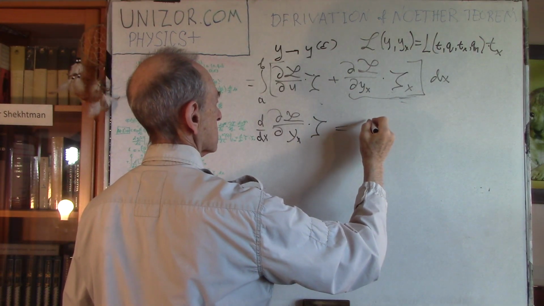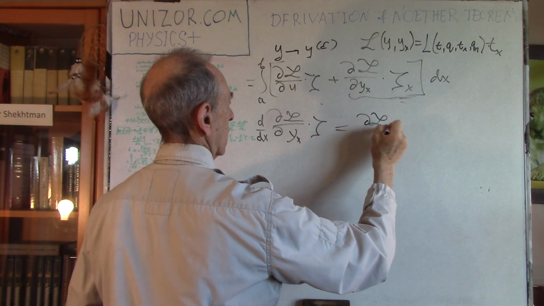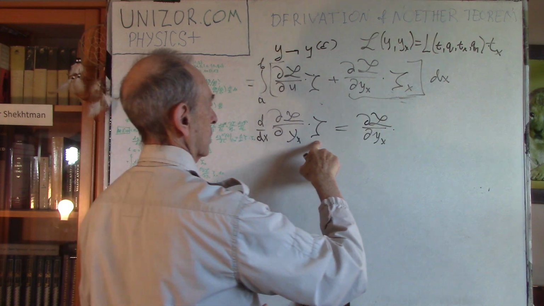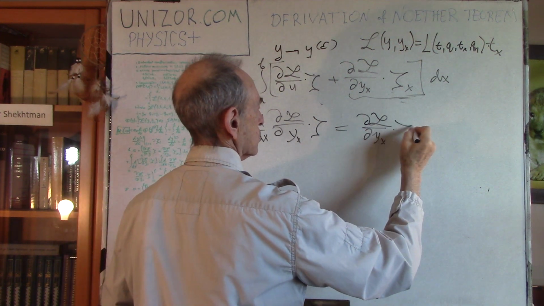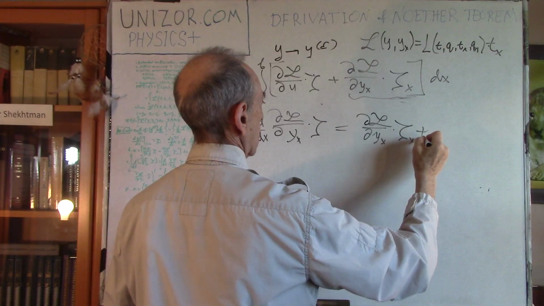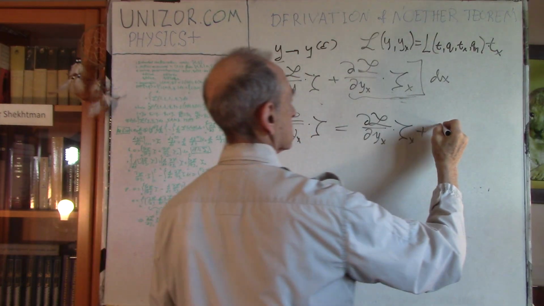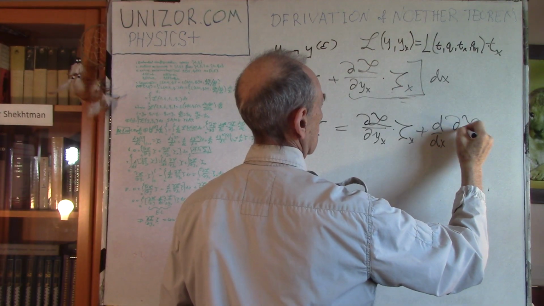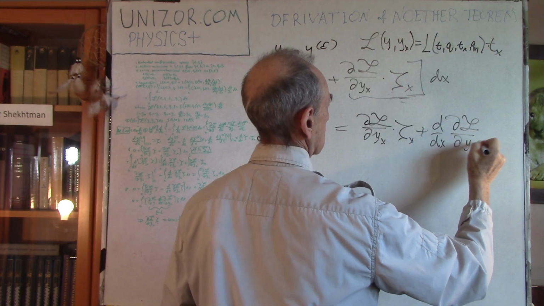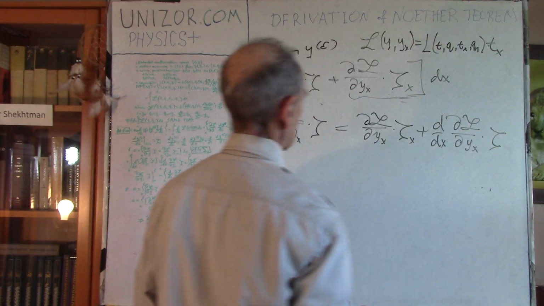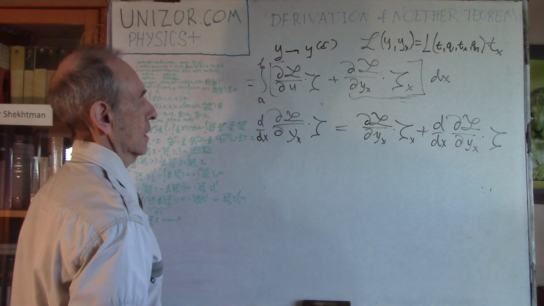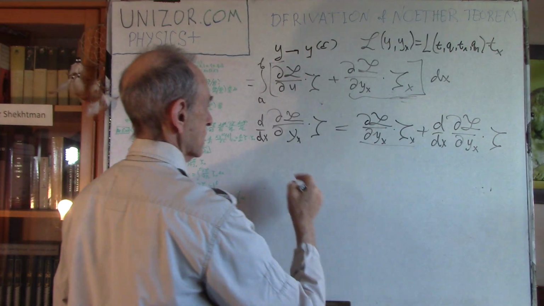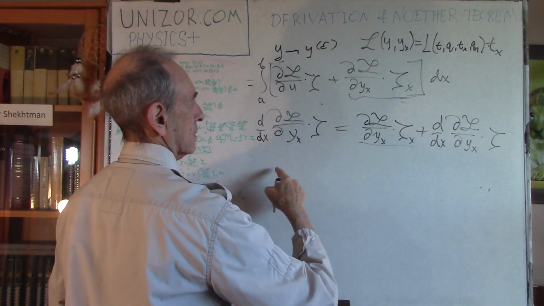So this is dl by dyx times the derivative of zeta, which is zeta x, plus the differentiation of this, d by dx of dl by dyx times zeta, right? So this I will represent as a difference between this and this.